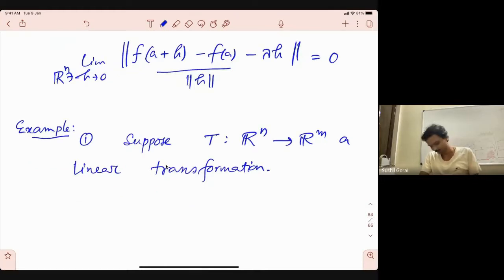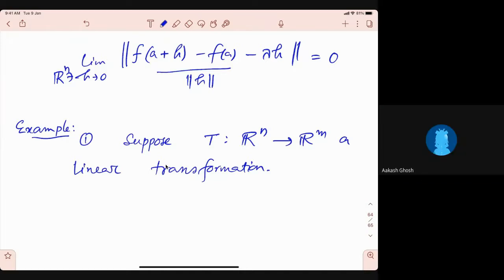So, is a linear transformation differentiable?